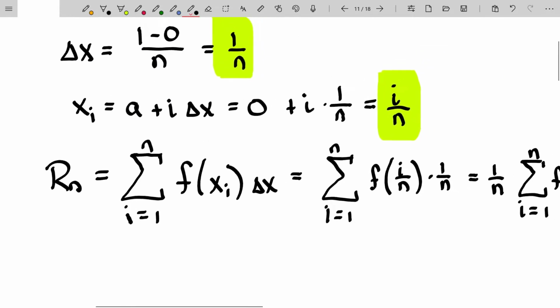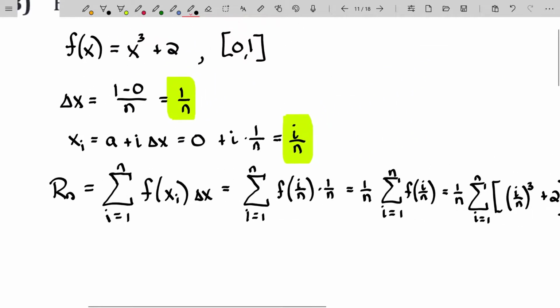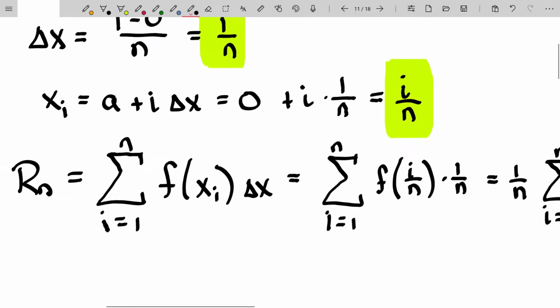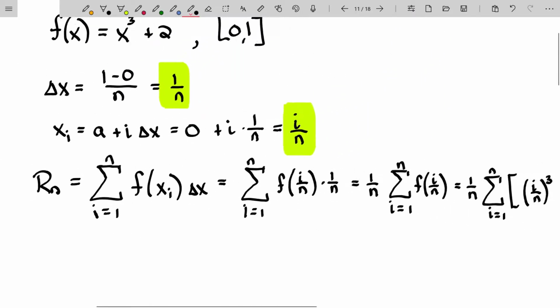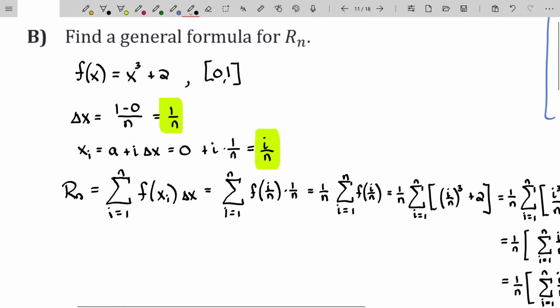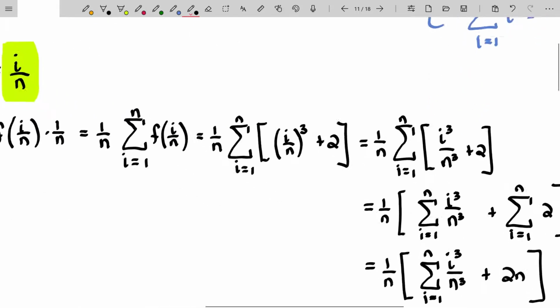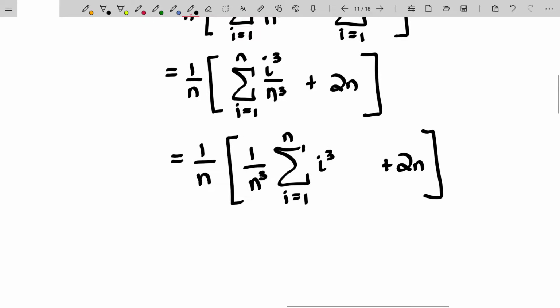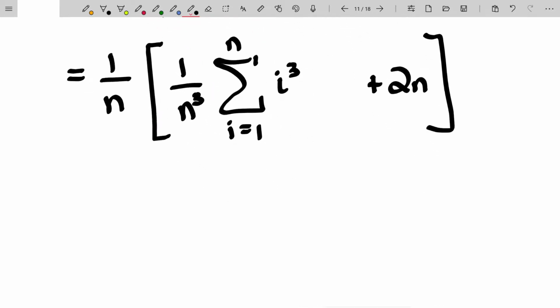For this specific function, what we arrive at here is not going to be for every function, just for this specific function. So we started with our Riemann sum, inserted the values that we've calculated for delta x and x sub i, and then evaluated f at that x sub i, which is i over n. And now we've just been using properties to get down to this point right here.